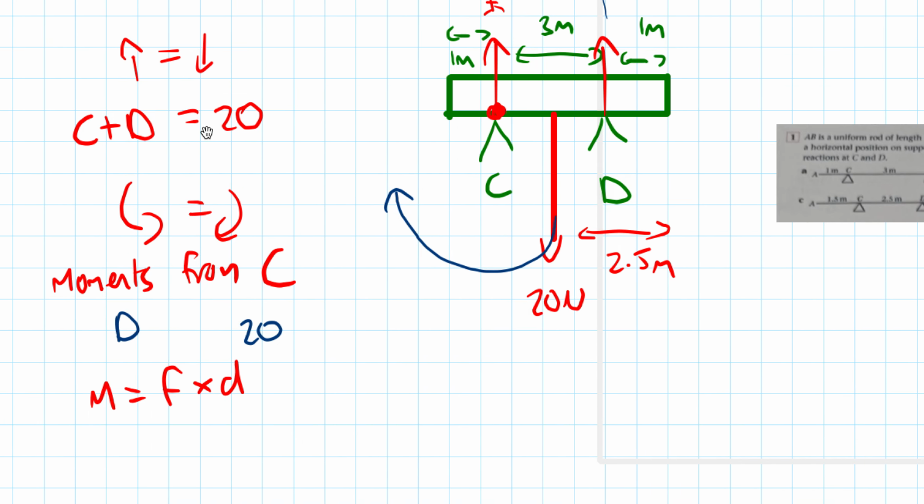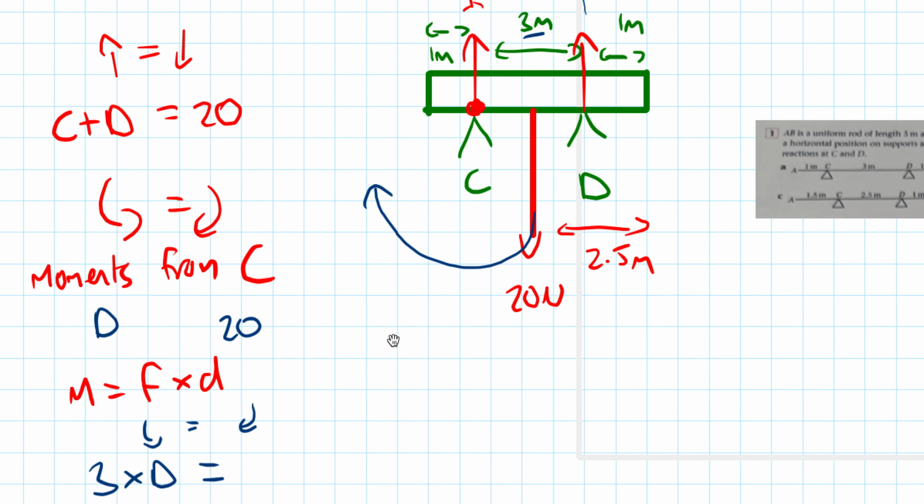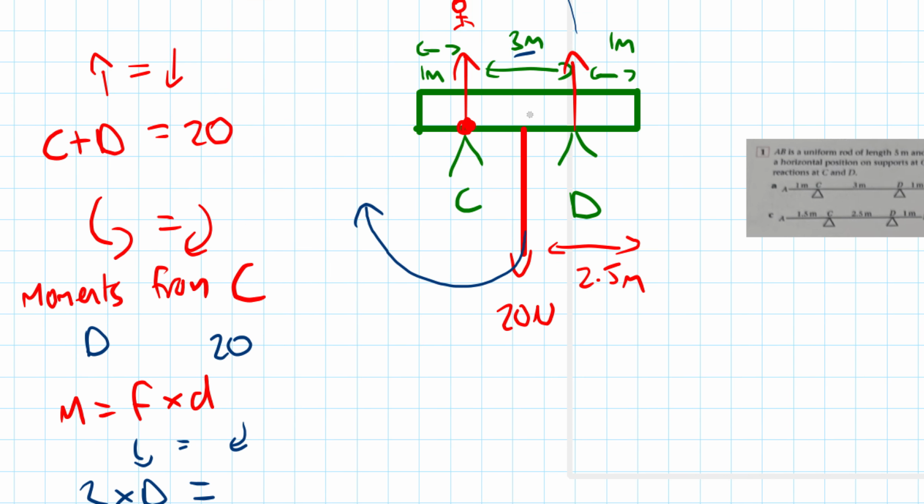So the key thing here is that it's the distance from the point where you're taking moments from. So if we look at D to start with, this is 3 meters away from C. So it's going to be 3 times D, and that's the anti-clockwise moment. Anti-clockwise equals clockwise. Then we need to find the distance to the 20 newtons. We know that this distance here is 2.5 meters.